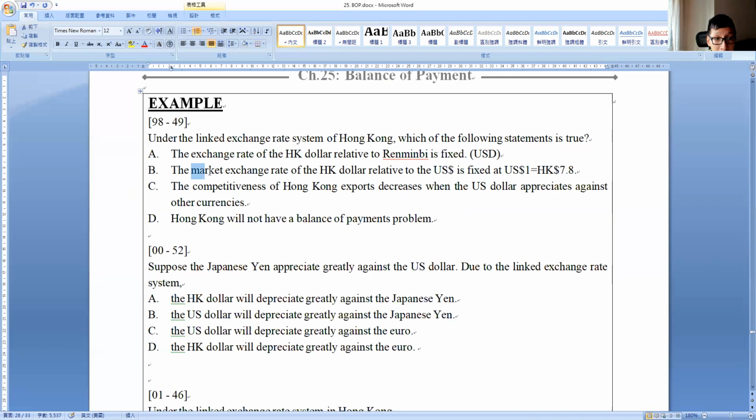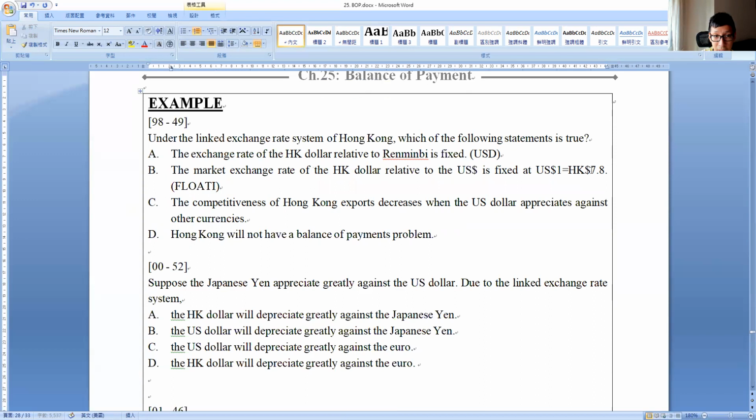Remember, the market is not fixed, it is floating. Remember, the market is under a floating rate arrangement between 7.75 to 7.85.